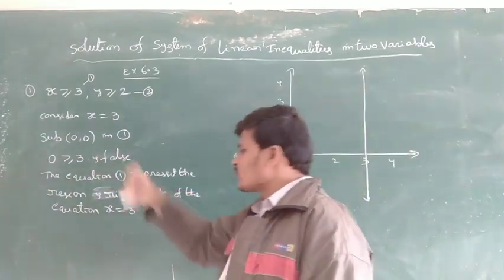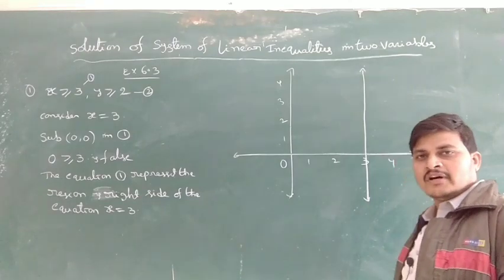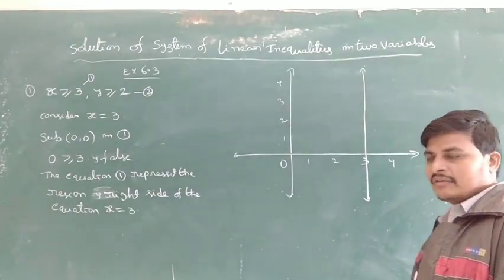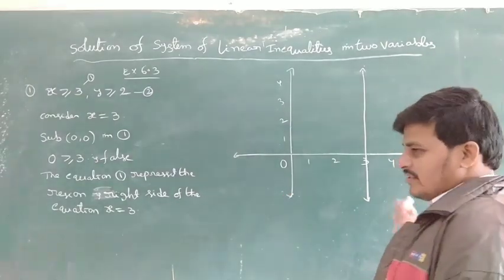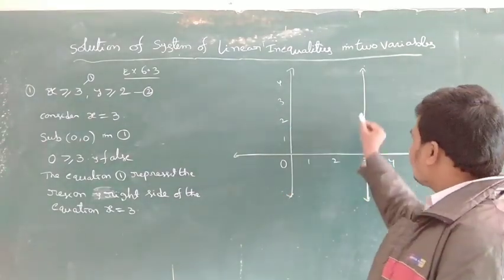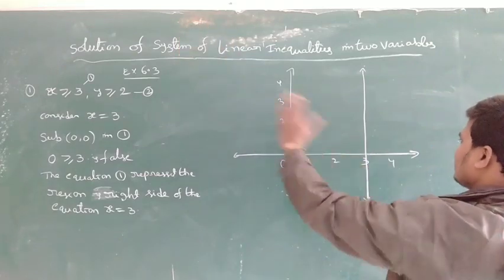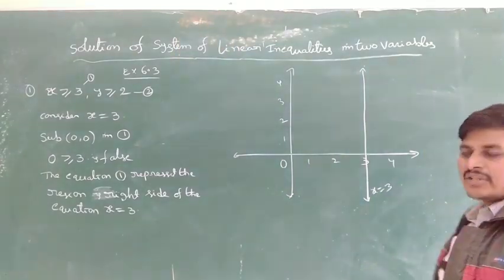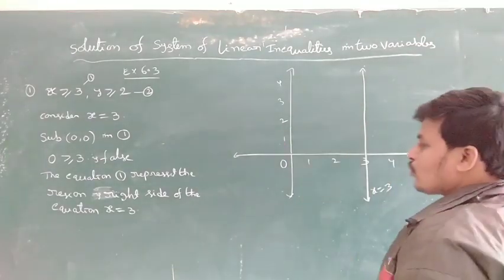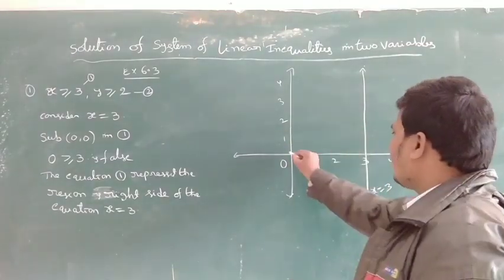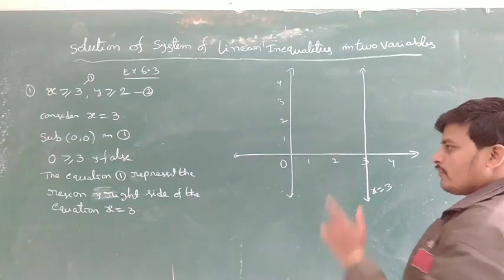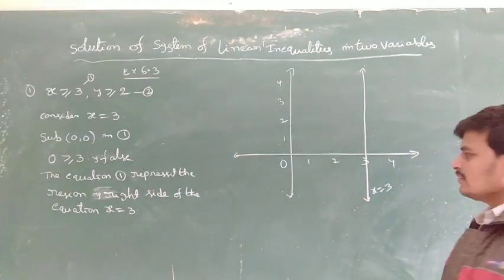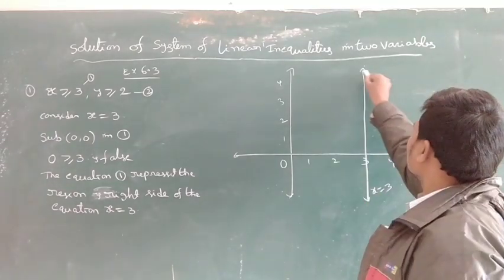This equation is false, so it is the opposite of the origin side. Here the origin is on the left side, so true means left side. False means opposite the origin side, which means the right side.